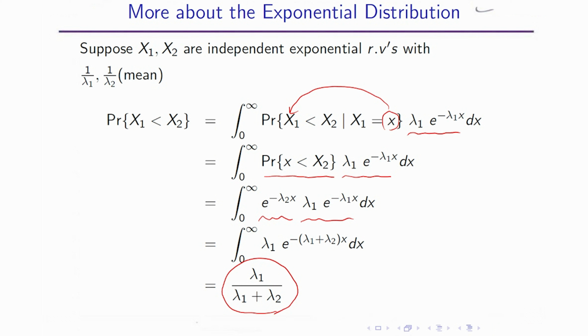So from this result, you can see that if the random variable X1 has a higher rate lambda 1, then the probability that X1 is less than X2 will be higher. On the other hand, if X1 has a lower rate lambda 1, then that probability will be lower.